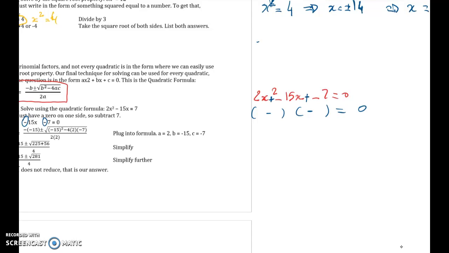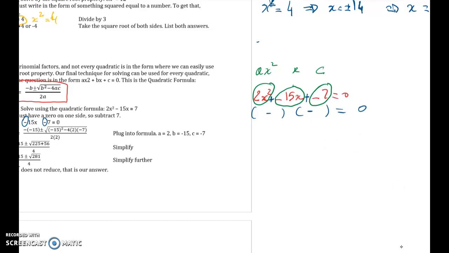Let me rewrite the square properly right here. This term will play the role of ax squared. This term will play the role of bx. And this term will play the role of c. All right. In between, what do we have? We have a plus.